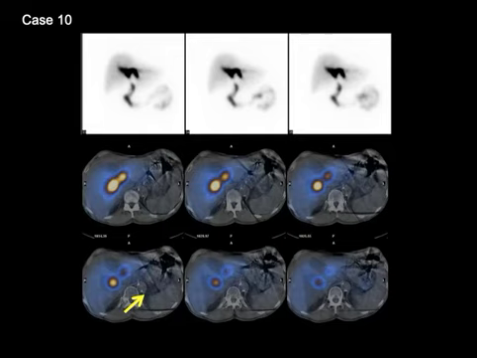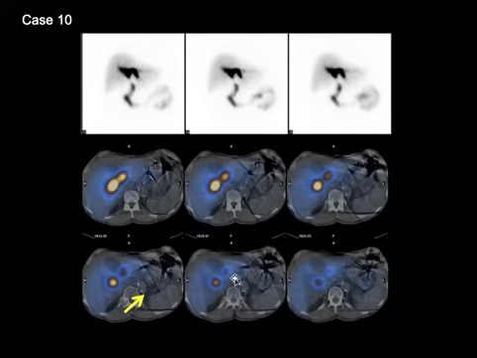Case number 10 shows utility of SPECT-CT imaging along with hepatobiliary imaging. On the top, we have images showing excretion of the tracer from the liver into the biliary system, CBD, and the small bowel. And the fused SPECT-CT images show a larger fluid-filled collection, which is seen here as a hypodense area.